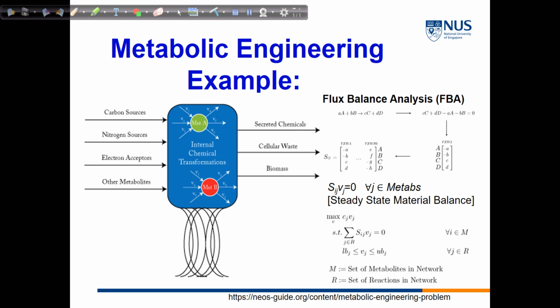So think about a biological system, a human cell, how it works to do the metabolics engineering. It takes all the nutritions like carbon sources, nitrogen sources, and all these inputs, to give the output of the chemicals or some waste and some biomass.